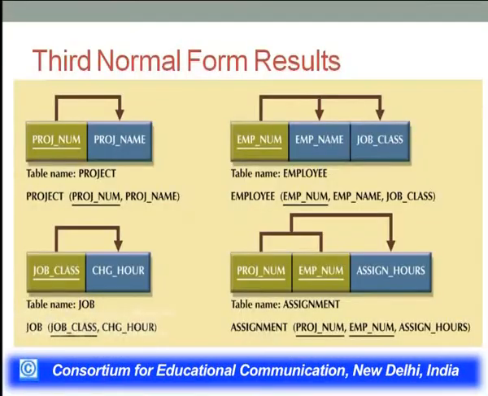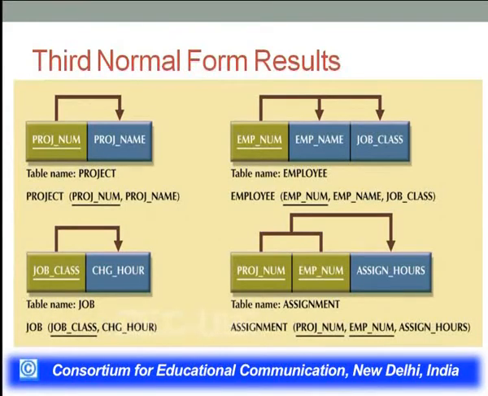After the third normal form, we have four tables now. The first table is the project table, which has project number and project name, where project name is functionally dependent on project number. We have the second table which has employee records.